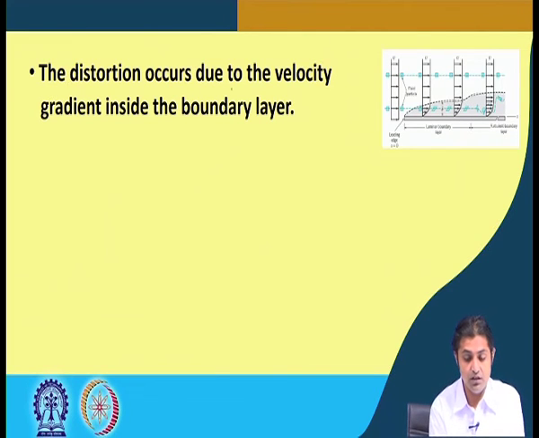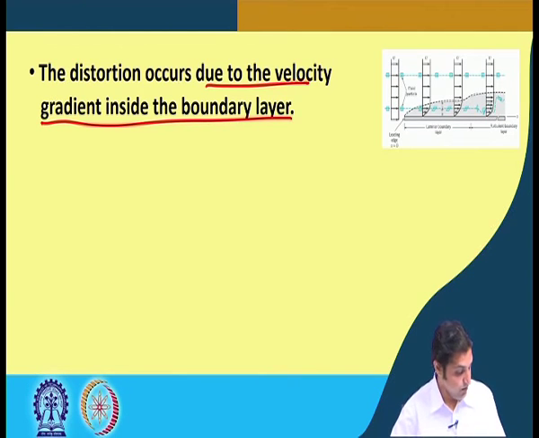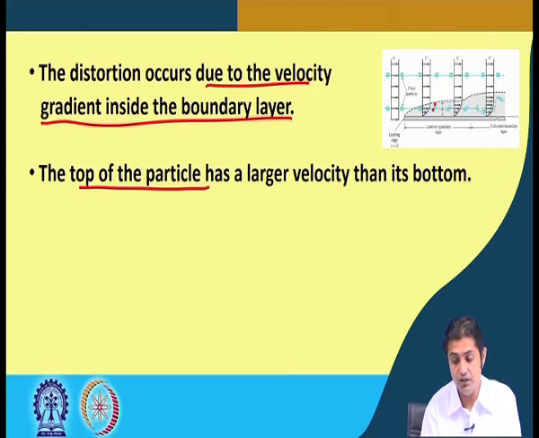This distortion occurs due to the velocity gradient inside the boundary layer. How? Because the top of the particle has a larger velocity than its bottom. So, the bottom will have lesser velocity than the top, because the lower part is closer to the solid surface.